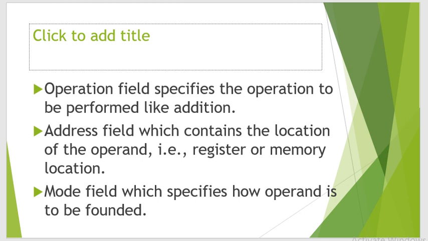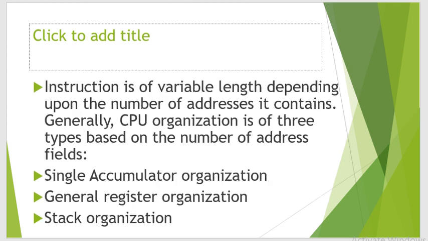The address field contains the location of an operand, that is, a register or memory location. The mode field specifies how the operand is to be found. Instruction is of variable length depending upon the number of addresses it contains.